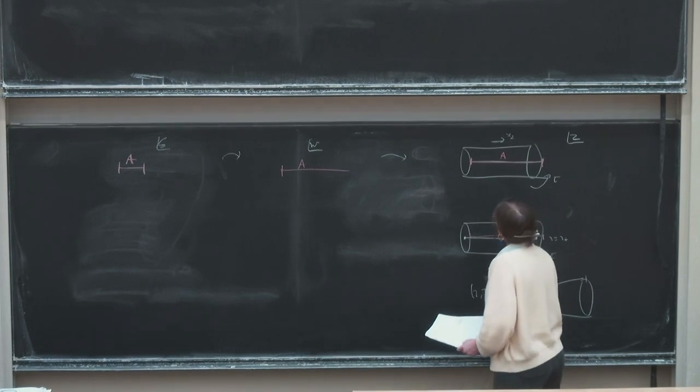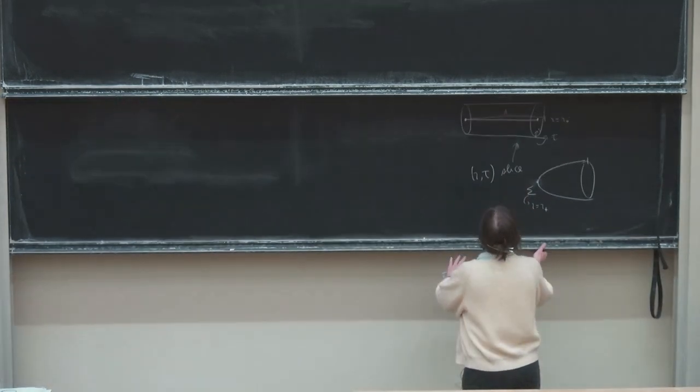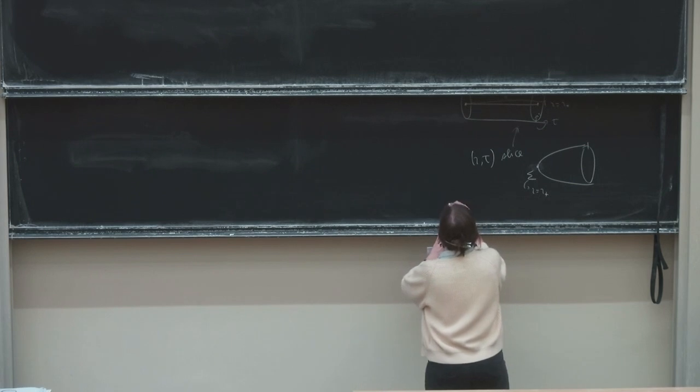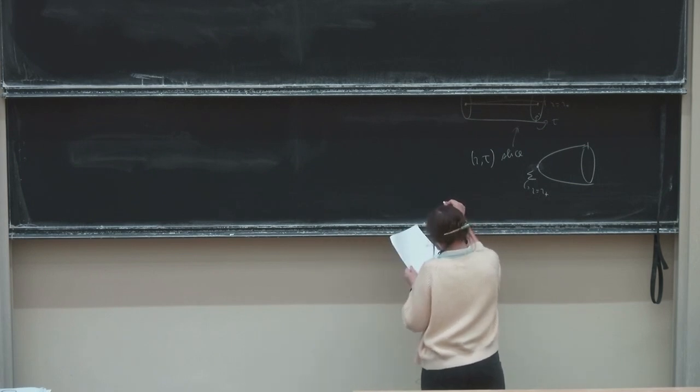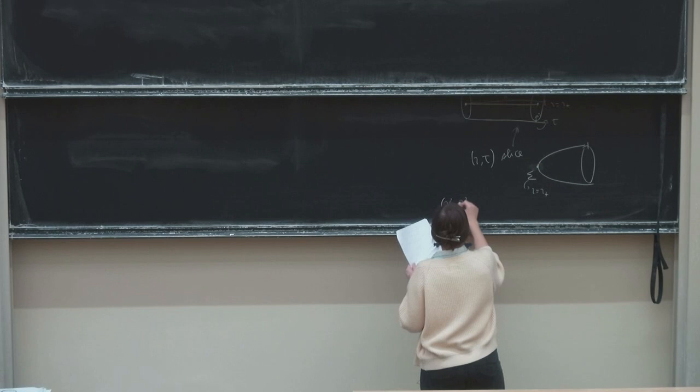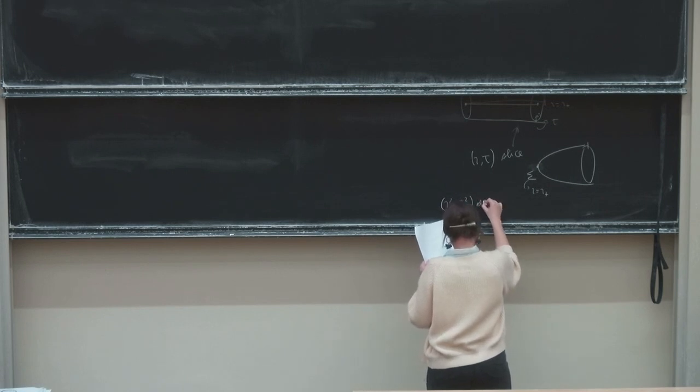Good, so this geometry here in the bulk is this BTZ geometry. Let me write the actual ds squared.